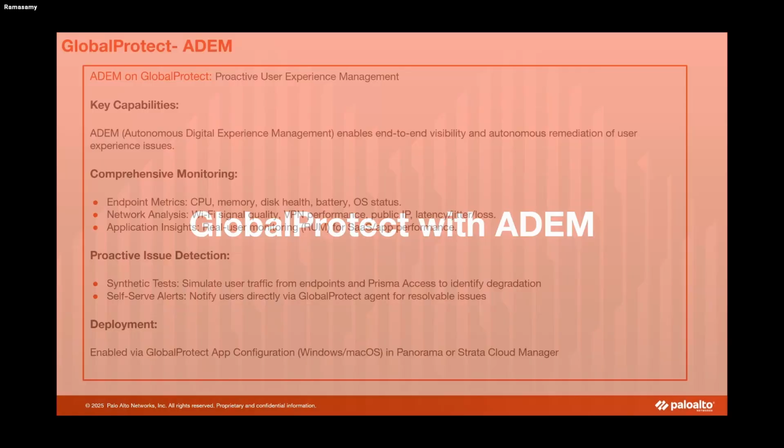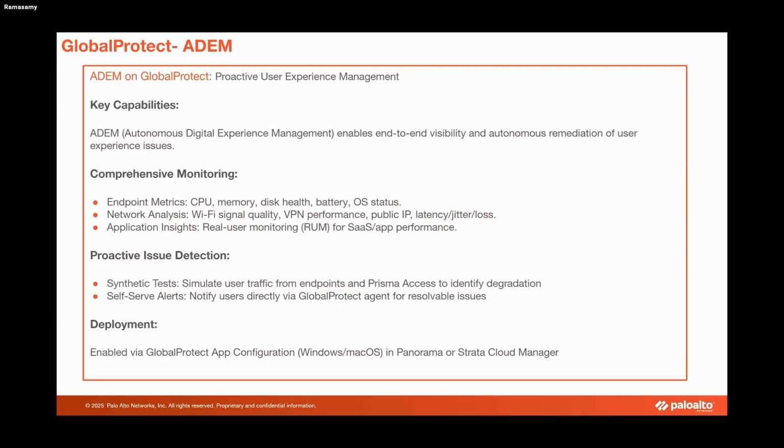ADEM is natively integrated into the GlobalProtect app and Prisma Access. Through ADEM, we can monitor multiple parameters like endpoint metrics, network analysis, and application insights. In endpoint metrics, we can monitor CPU usage, memory, disk health, battery, and OS status.